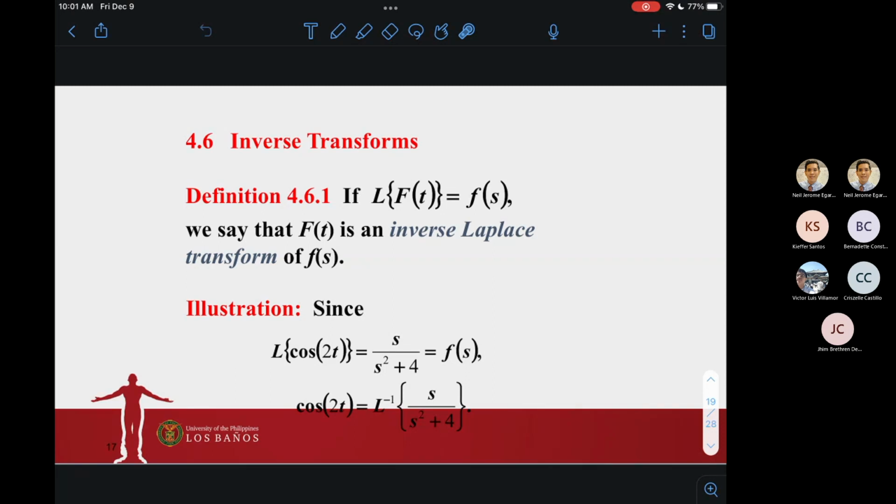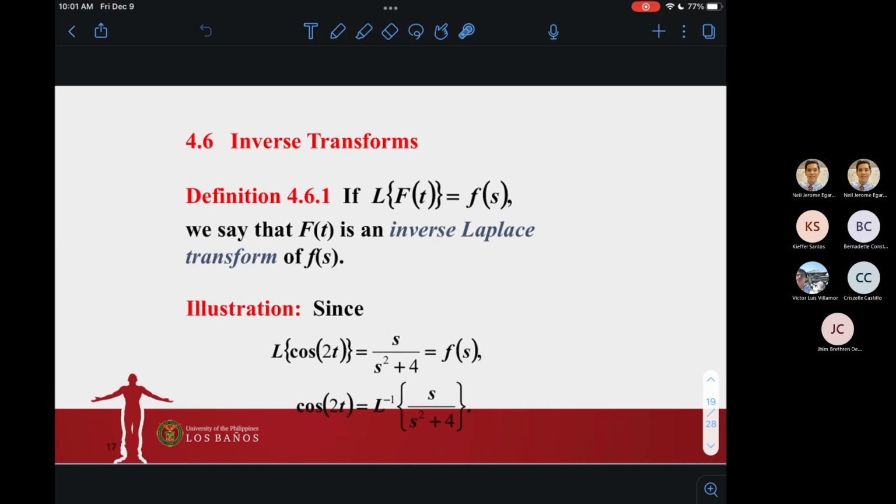non-homogeneous general linear differential equations hanggang dun sa matatapos natin today, which is about inverse transforms. I was thinking kanina, feeling ko kaya kong tapusin hanggang 4.7 ngayong araw na to by integrating chapters 4.6 and 4.7 together.